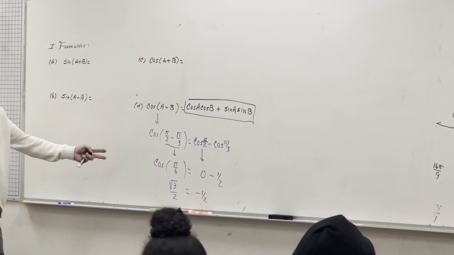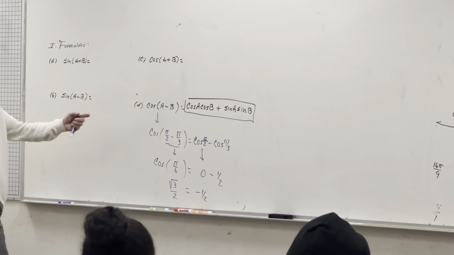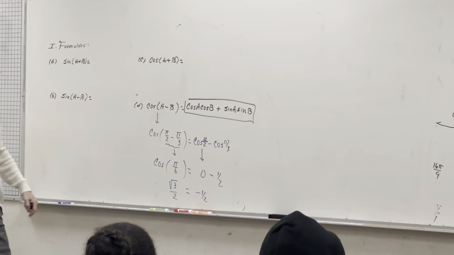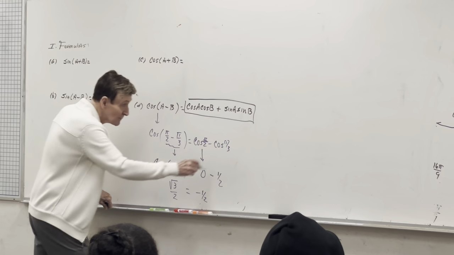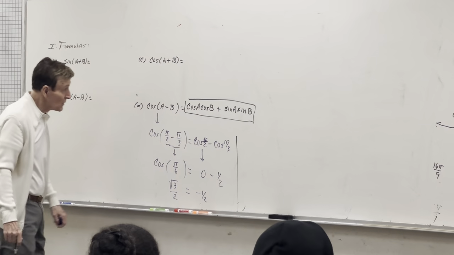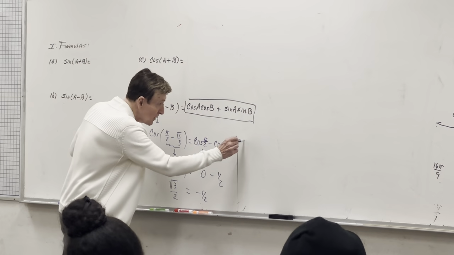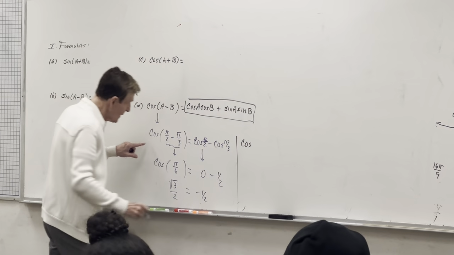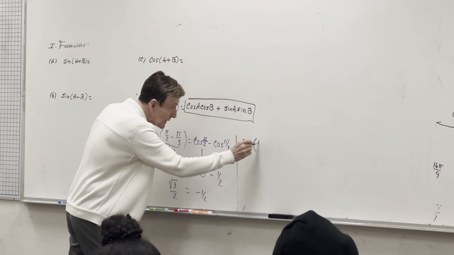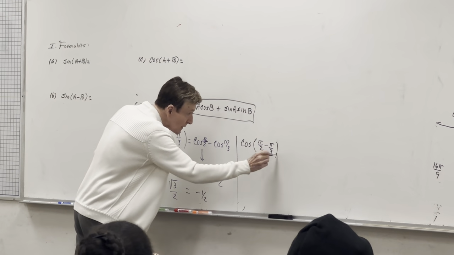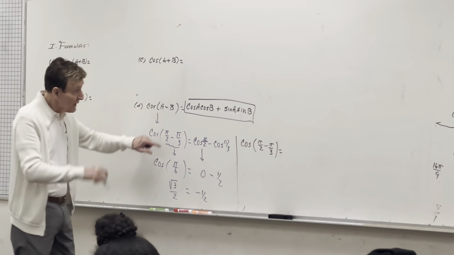Now we'll redo this problem with the formula that should work now and see if it works. You guys, so this does not work. We tried it. Now let's try the formula he gave me. Cosine of pi over 2 subtract pi over 3, same problem. Joseph gave me this, let's fill this in.